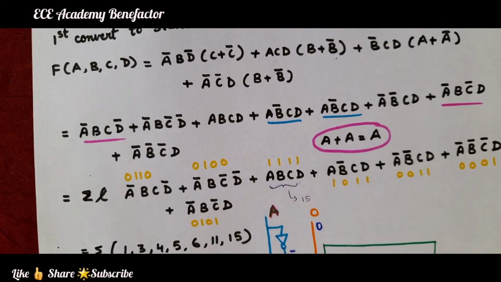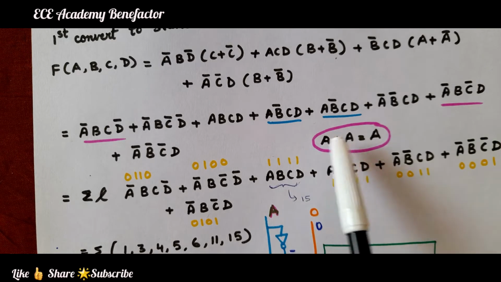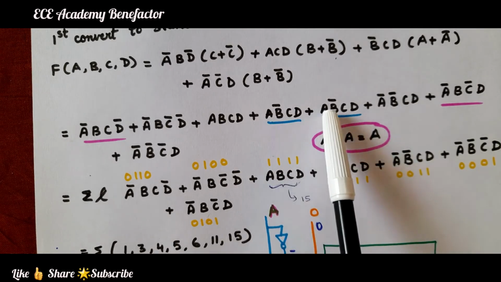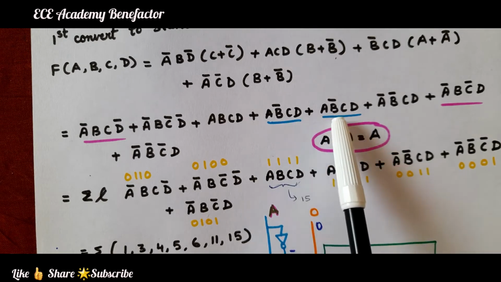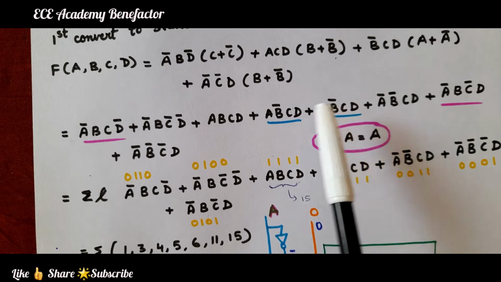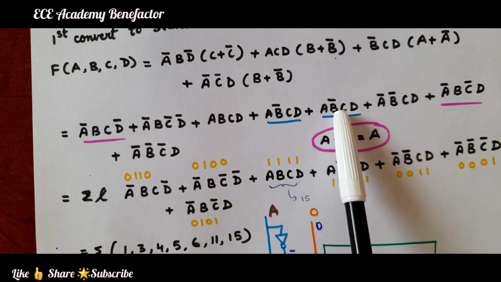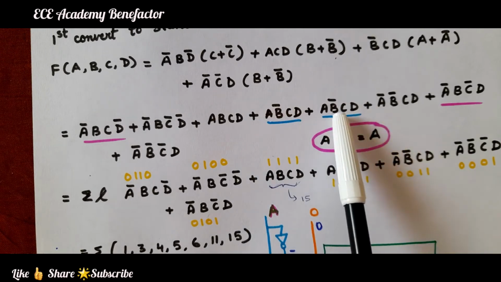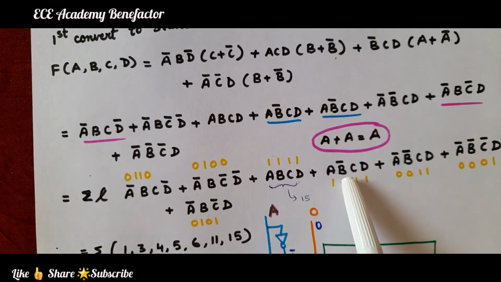Now, you also know that A plus A is A. So, if you look at these two terms A B bar C D and A B bar C D, these two are the same, that is A plus A, so we can write 1A. A plus A is A. So, for these two terms we can write only a single term.